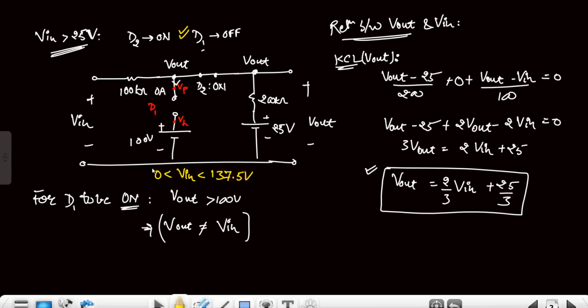This is good because for this range D1 is off, right? So this circuit condition is for this input range, and for this input range the output voltage follows a straight line equation. We can compare it with y equals mx plus c. The slope is 2 by 3 and the intercept is 25 by 3, right?